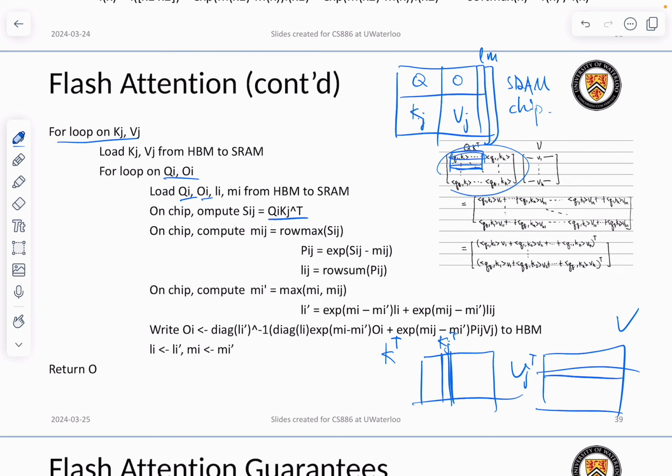So for the first row, we look at the max, and then we do the exponent of this value minus the row max, and then the next value minus the row max, next value minus row max. And then we look at the next row, and we say this row, this value, e to the this minus the max of this, etc. And then we divide it by this L.